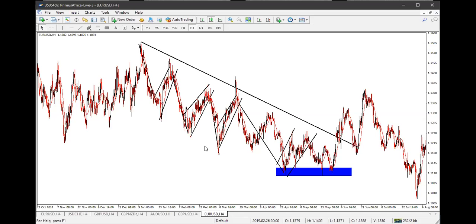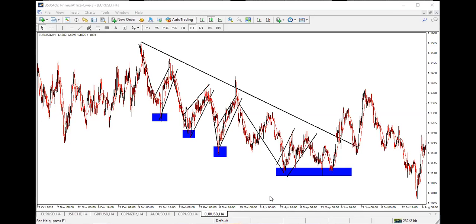You see, other lows were taken out. This is the first lower low. It was broken. This is another low. You see, they are lower. These are all lower lows, lower lows, lower low, and lower low.